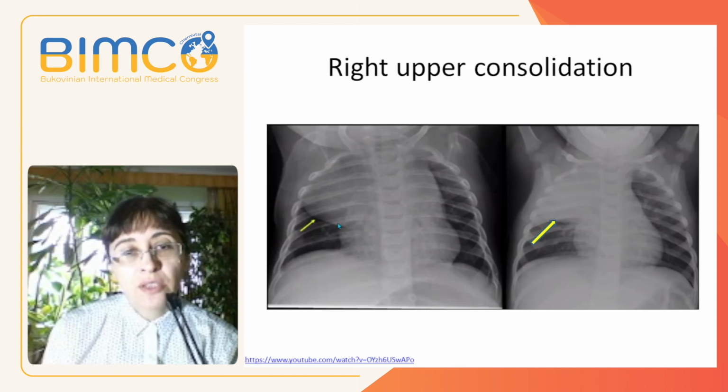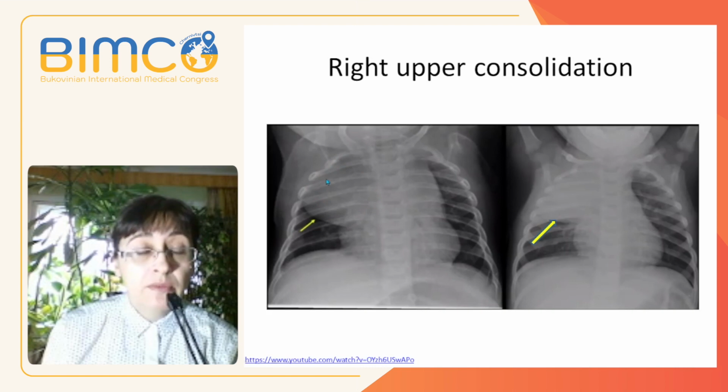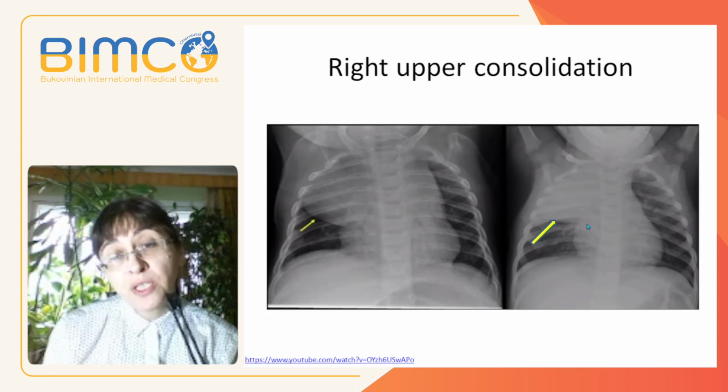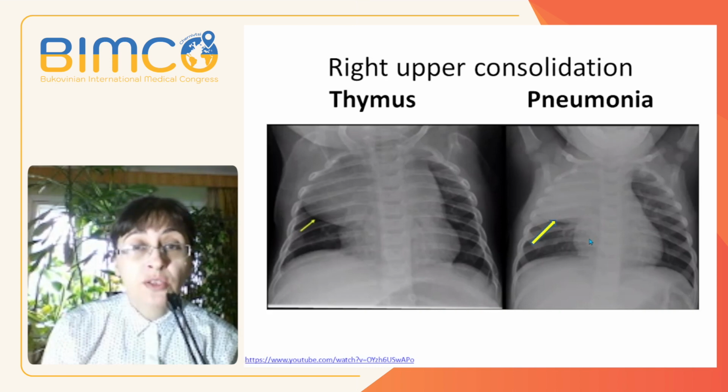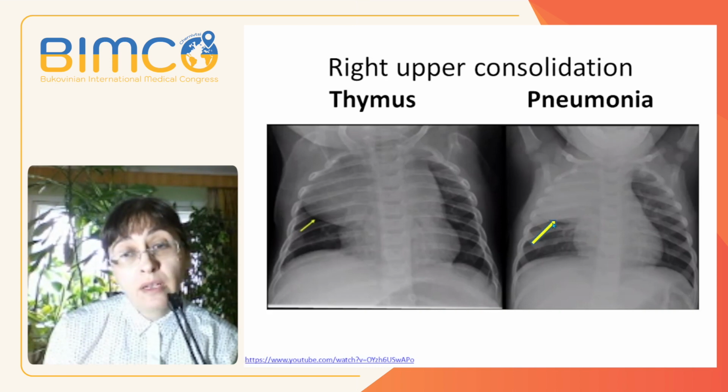In this case, it is thymus, because behind this opacity you may observe normal lung markings and no shifting of normal structures of the mediastinum and lung fields, as compared to this picture where we may observe a more dense mass and shifting of the trachea. So on the right side we may observe pneumonia, right upper lobe pneumonia.